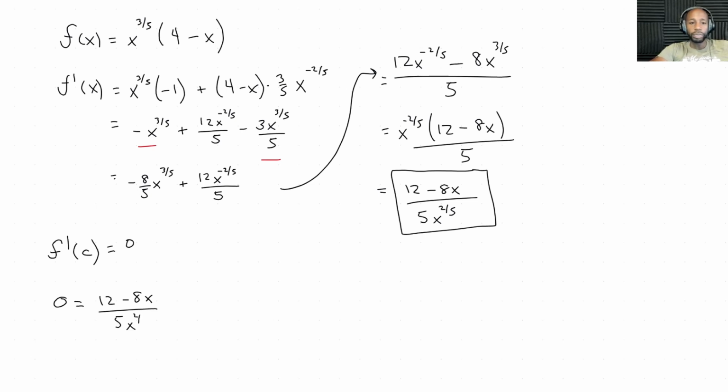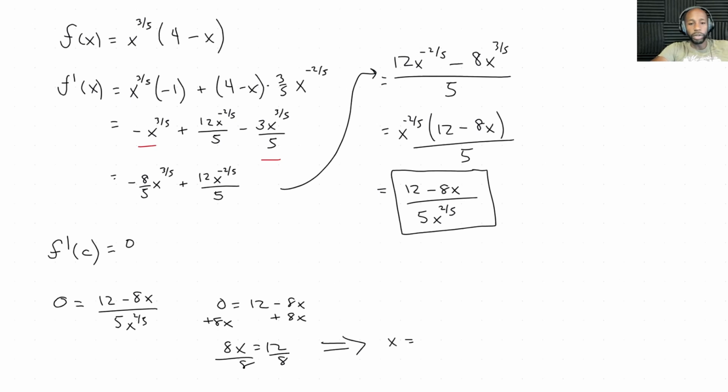Okay. Then if you cross multiply, that becomes 0 equals 12 minus 8x. Add 8x to both sides. So 8x equals 12. And therefore, x is equal to 12 over 8.